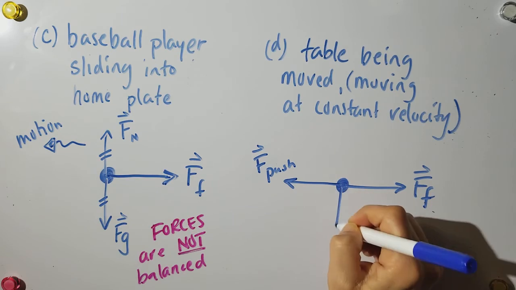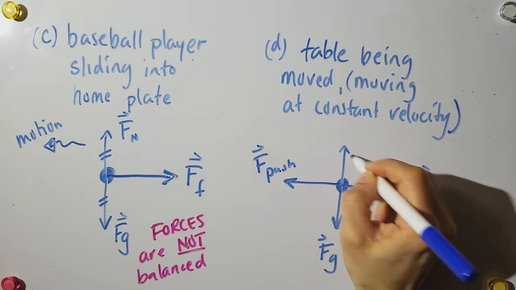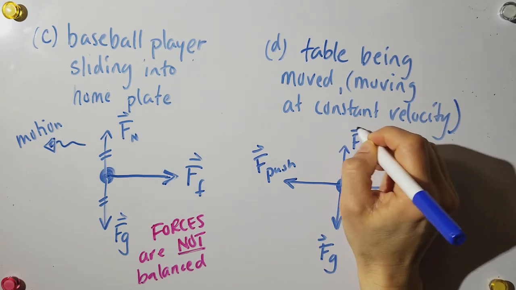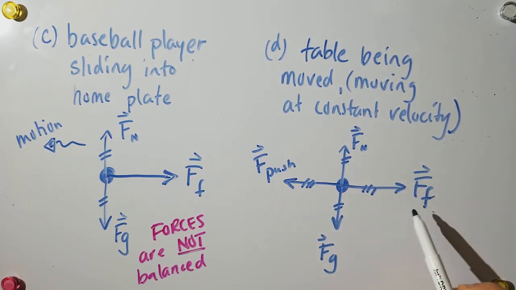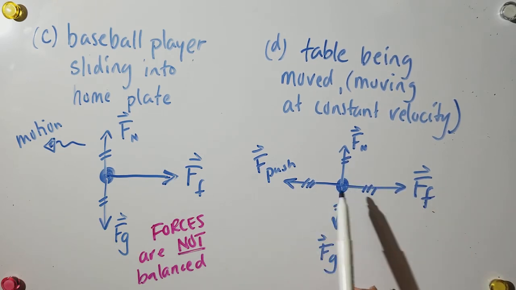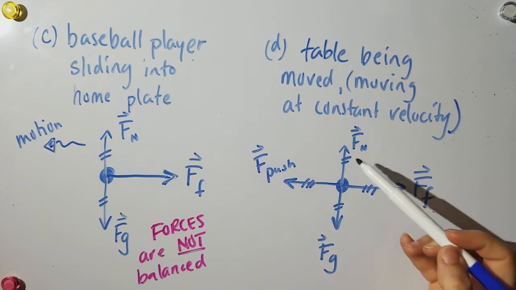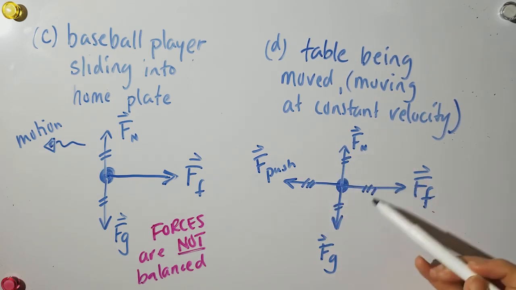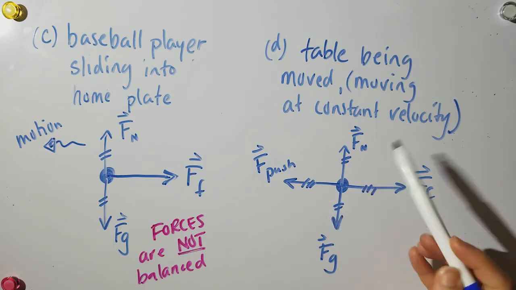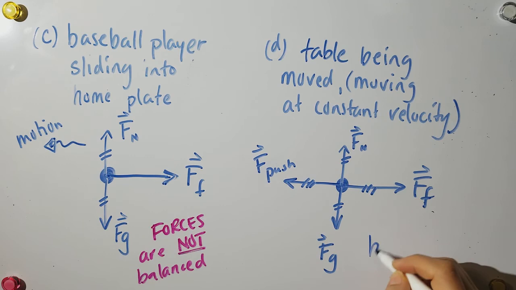And since we're on Earth, there's the force of gravity. And since it's in contact with a surface, force of friction. So I use 3 and 3 here just to indicate these are the same length, and 2 and 2 hash marks to indicate these are the same length. They're not necessarily all equal to each other, but they're definitely balanced left and right, up and down.